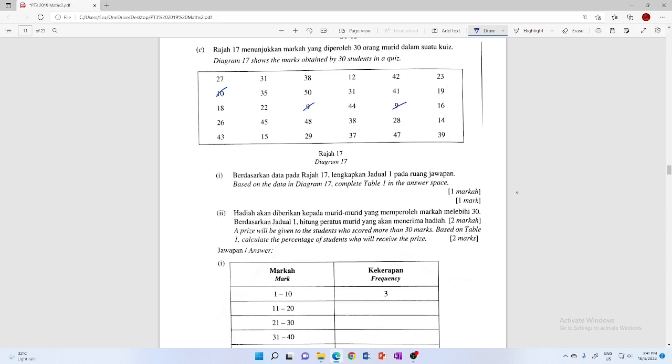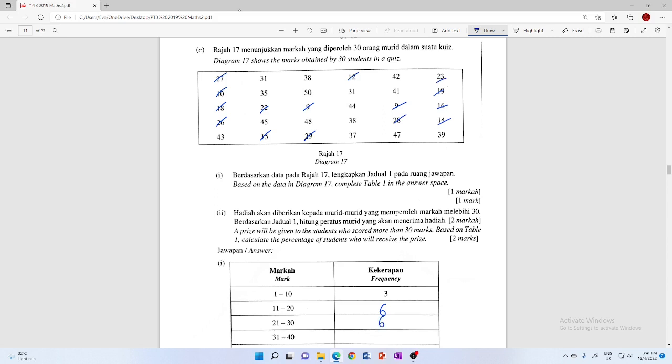Now we calculate for 11 to 20: 1, 2, 3, 4, 5, 6. So there are 6. And 21 to 30: 1, 2, 3, 4, 5, 6. So there are 6 too.